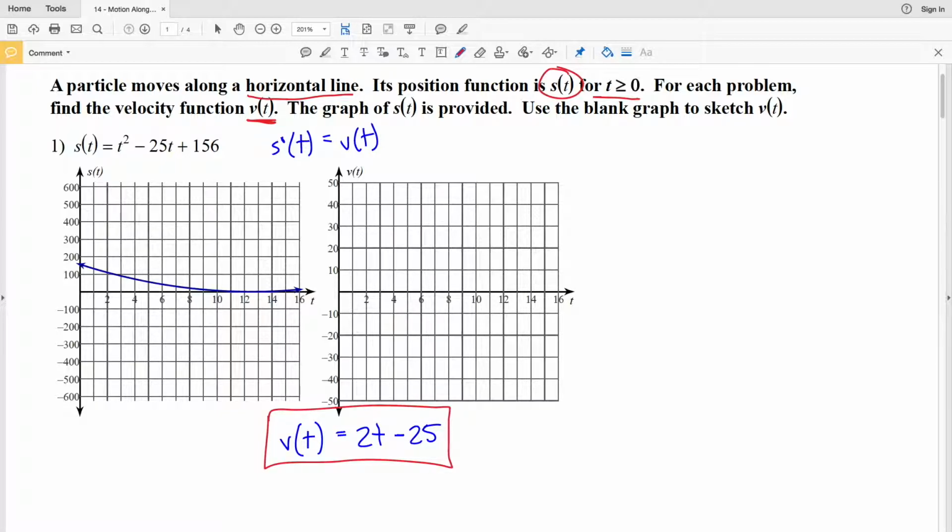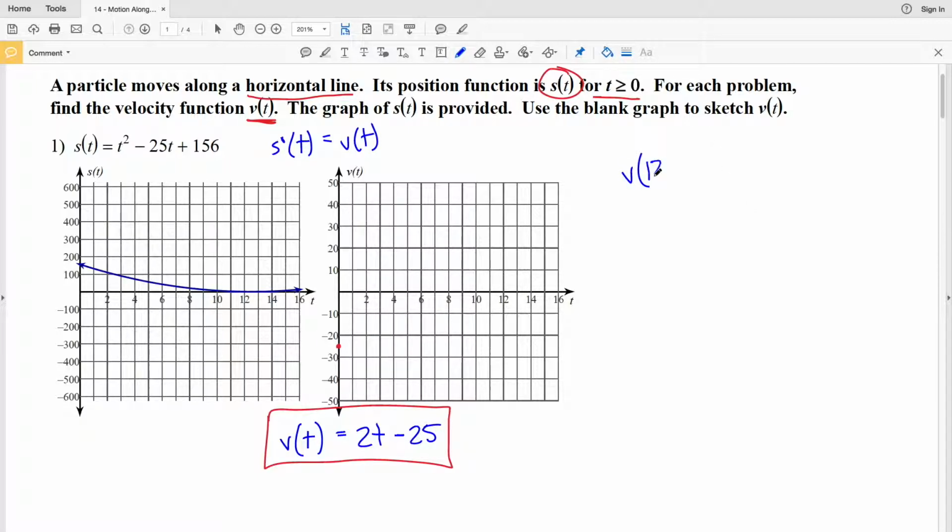So now what we're going to do is graph this. The y-intercept is negative 25, and the slope is 2 over 1. But because my interval is so large, I'm just going to use a t-table. So let's plug in another value, let's say 12.